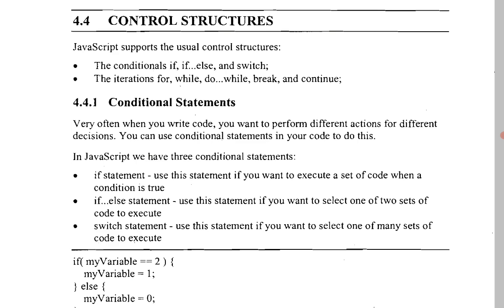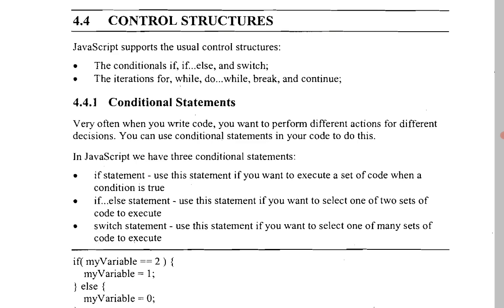Based on the result of the test condition, the statements are executed. So if the given condition is true, then statement block A will be executed, otherwise statement block B will be executed.